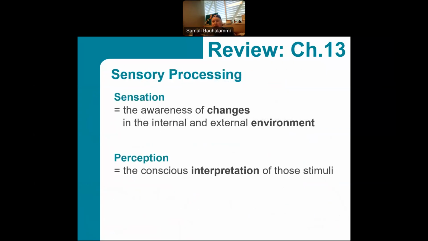I think I already mentioned this, but again, when we're thinking at the level of the brain of giving meanings to those things that we're detecting, that information coming in, there is a separation between sensation, which is being aware of the change, whereas perception is giving it the meaning. That takes place at the level of the brain.